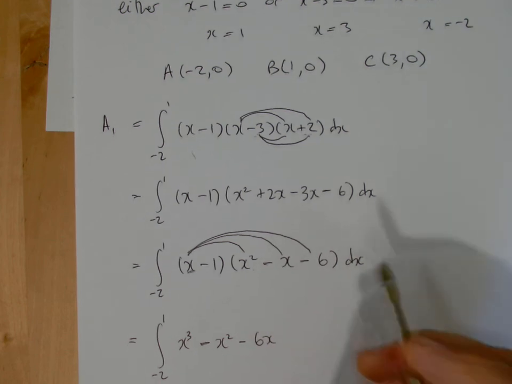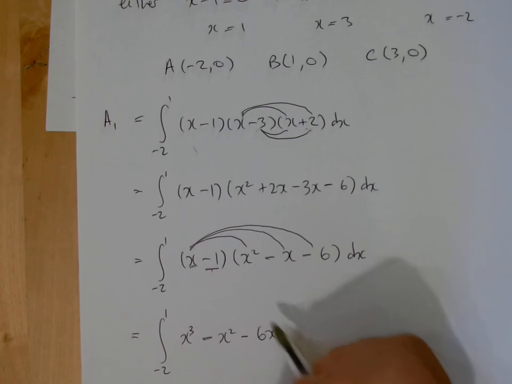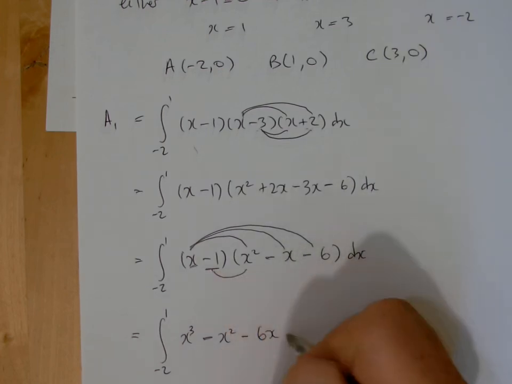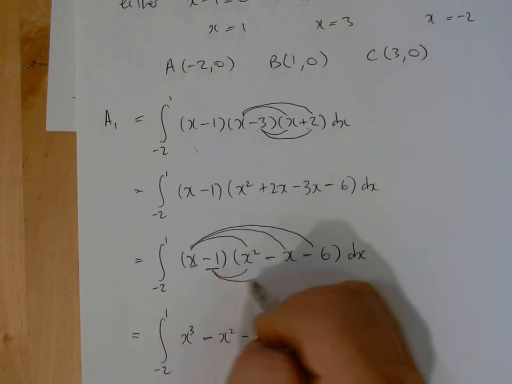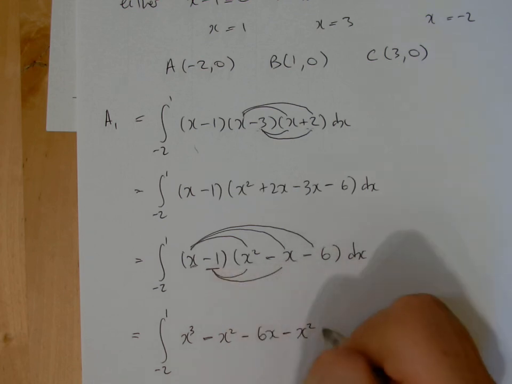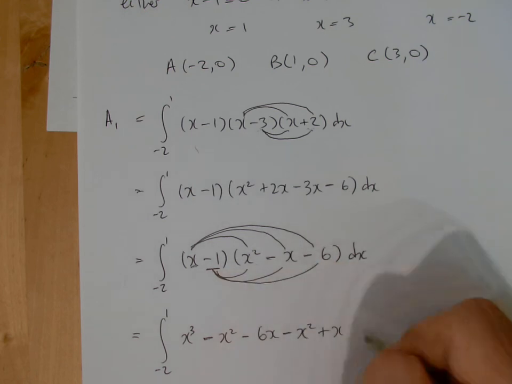We'll then focus on the minus 1. Minus 1 times x squared is minus x squared. And then minus 1 times minus x, minus times a minus is a plus. And then minus 1 times minus 6, minus times a minus is a plus. So we get that there.